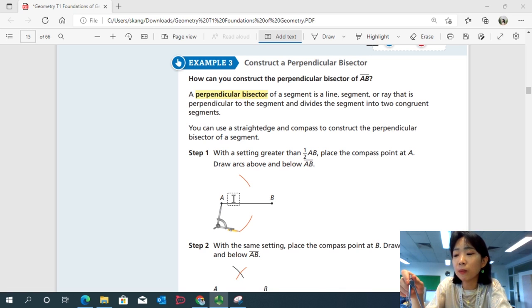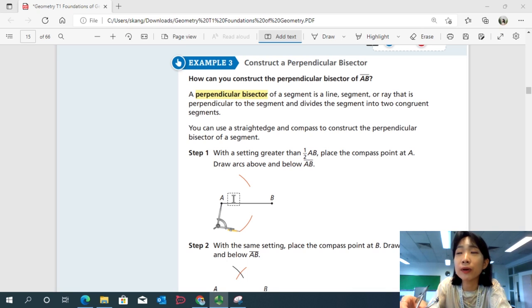So if you're starting with point A, you can start with point B as a center. It just has to be a greater distance than the midpoint, the half of your segment. So with your eye, you can tell if it's going to be a little bit more than half or less than half, right? You don't have to know exactly where the midpoint is, but draw a setting greater than half the segment.